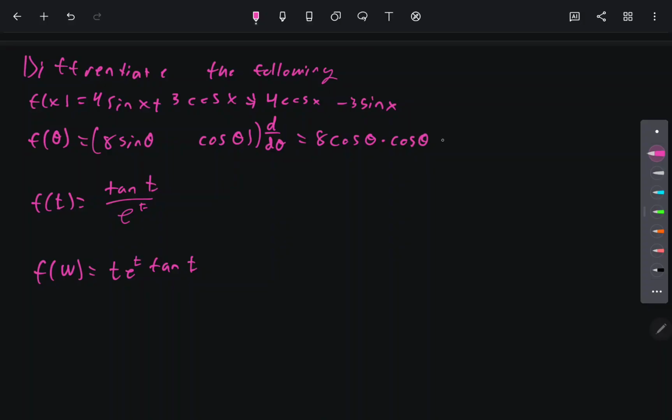Plus we have 8 sine of theta times the derivative of the second, which is going to be negative sine of theta.